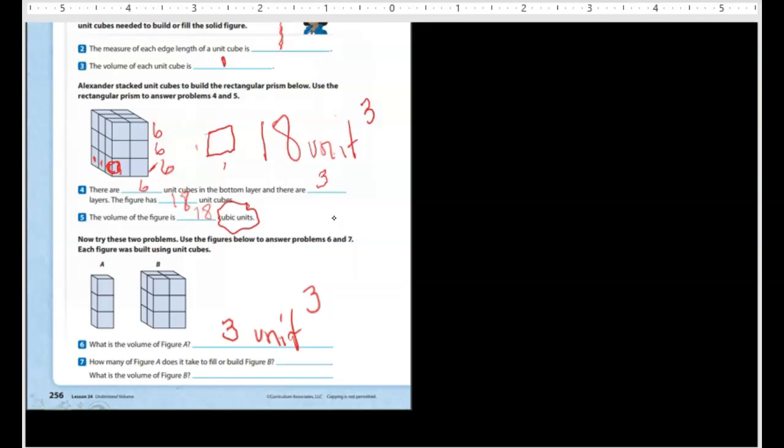So how many of these do I need to fill this one? I would need 4. And what is the volume of figure B? So I have 4 on the bottom, 4 in the middle, and 4 on the top. And 3 times 4 is 12 cubic units.